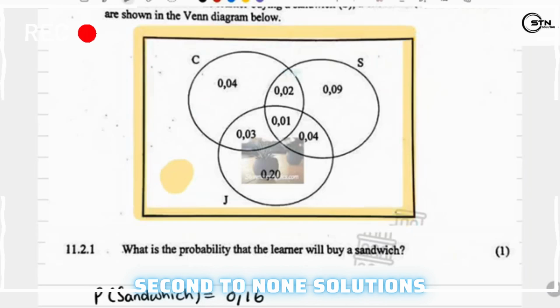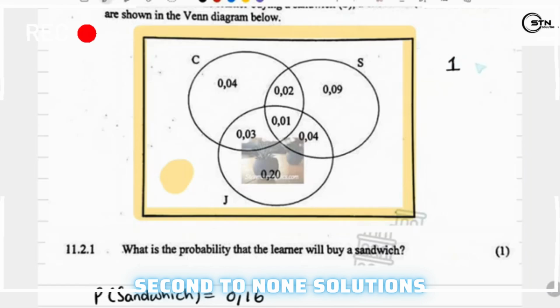What's the probability of all the items and even the probability that the learner is not going to buy any of the items? When you add all of these up together, because they're already in decimals, it means they're already written as probabilities, okay? The probability of every single thing added up together is 100%. As a decimal, you can say that is 1.